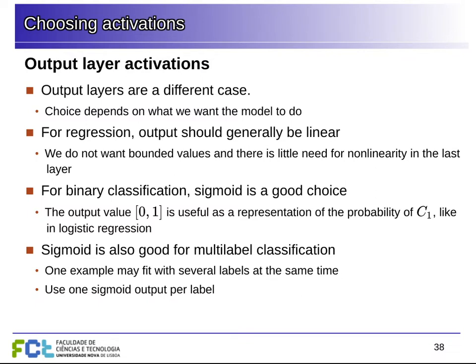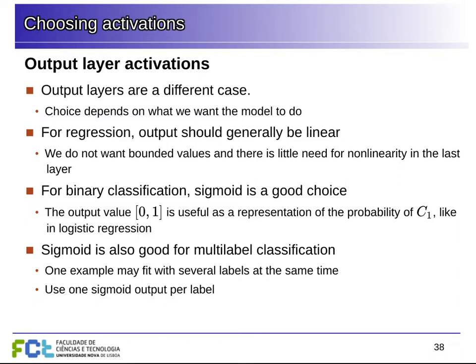Sigmoid activation is also good for multi-label classification. Multi-label classification is a case where we are trying to predict several different labels, but each example can have several of them at the same time. So, for example, we want to predict what kind of appliances there are in some apartment, and they can have TVs and ovens and microwaves and so on, and each house can have combinations of those.